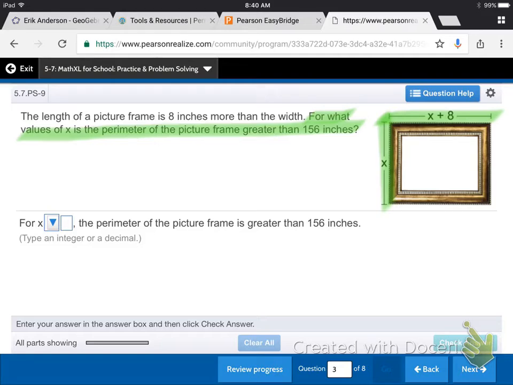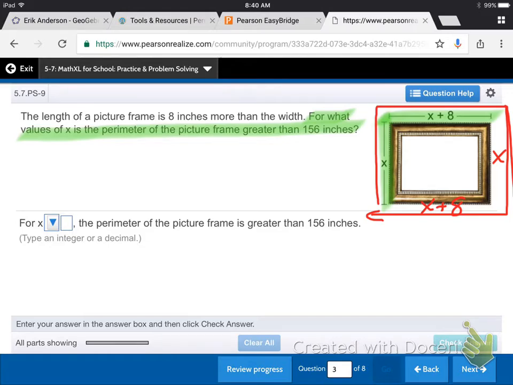Okay, well remember, perimeter means if we start in one corner and go all the way around the outside of this figure, and as a matter of fact, let me do that again. If we go all the way around the outside and we add up how far we traveled, then that would be the perimeter. So the perimeter is going to be, remember, this is x over here and this is x plus 8 because it's a rectangle and opposite sides are equal.